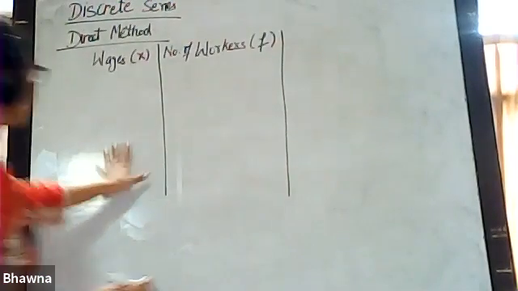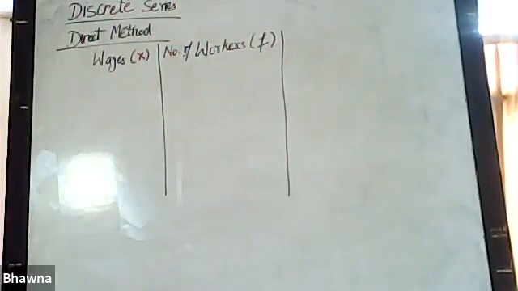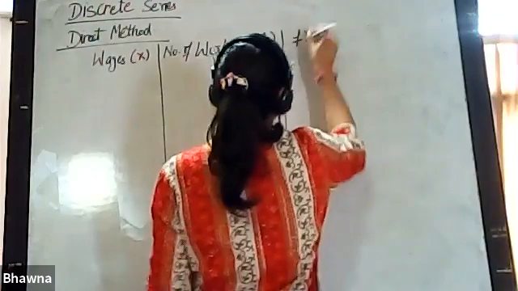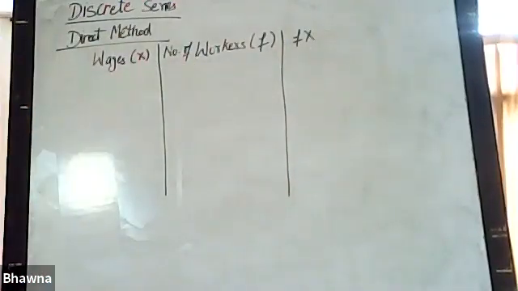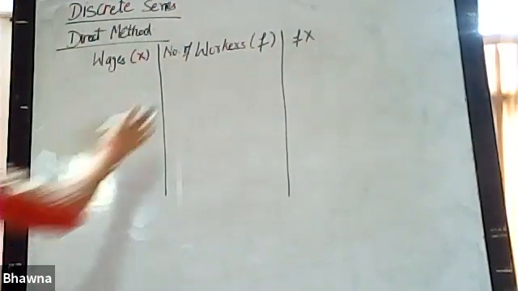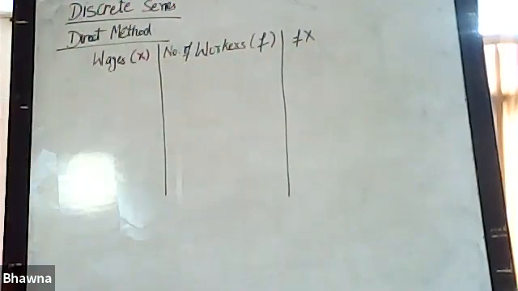After given these both values, now we have to calculate fx, that is, f into x, by multiplying both the variables, the wages and the number of workers.